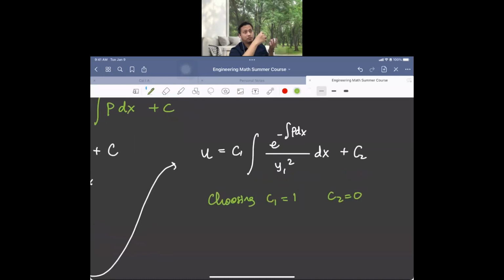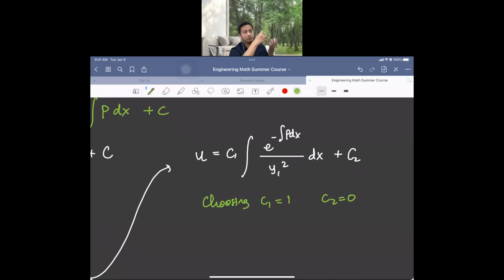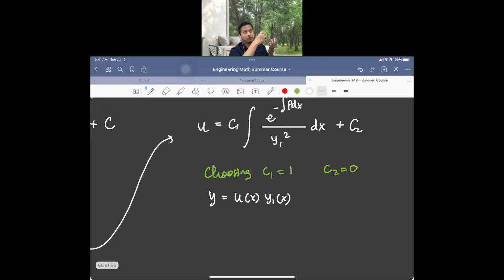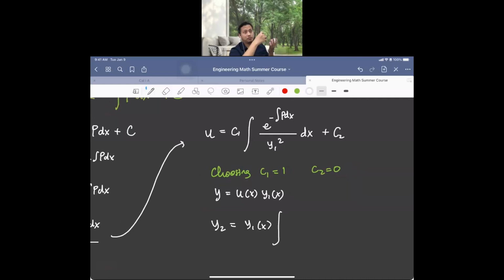So we choose, okay, choosing c1 is 1 and c2 is 0. We actually want to just remove the constant and make sure that we get what we want. That is the second solution here, right? And we find that y is u(x) y1(x), right?